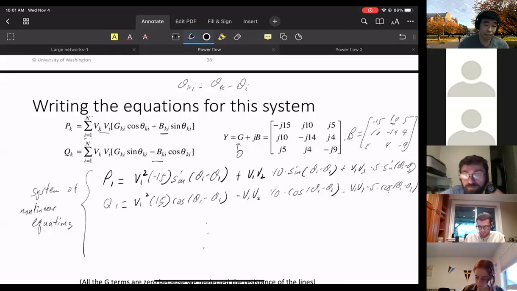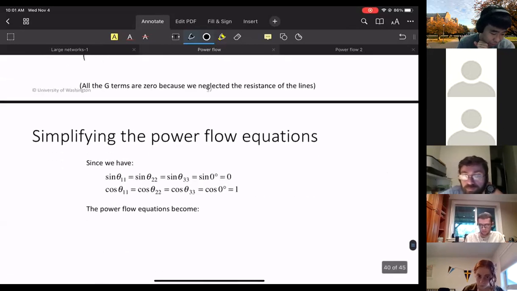Yeah, so these are the equations we have, right? So basically you have the two basic equations, and now just plugging all these numbers. And the nice thing is you don't need to write all the terms. Most times you'll be having angle subtracting itself, so these angles are 0, this is 1.